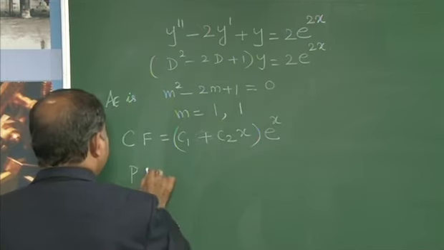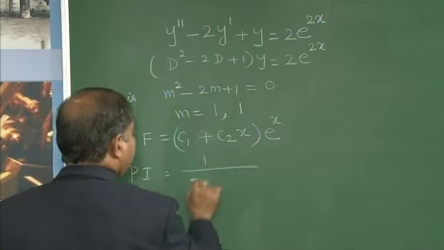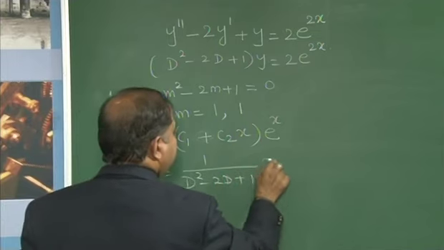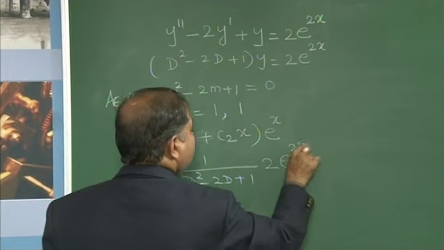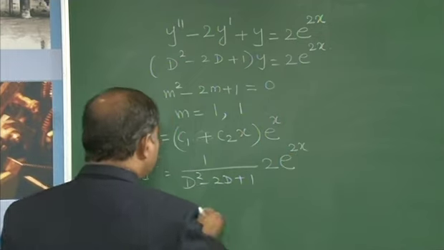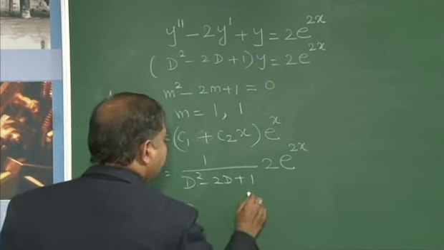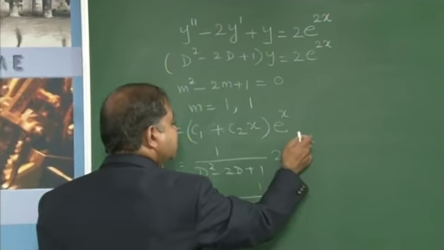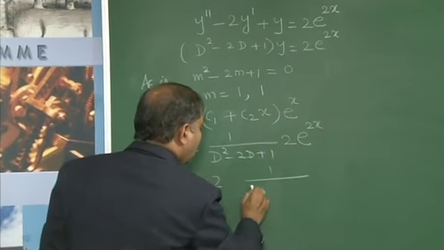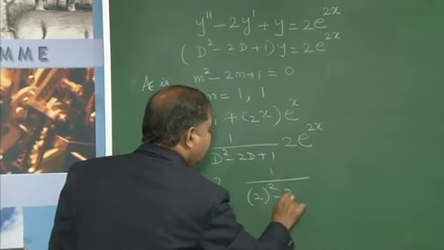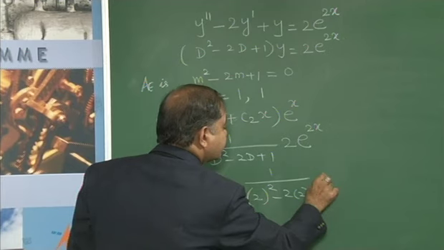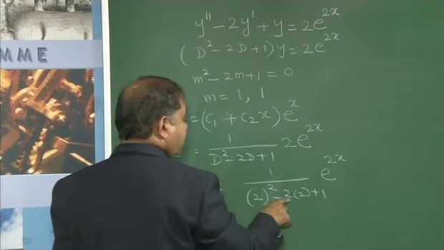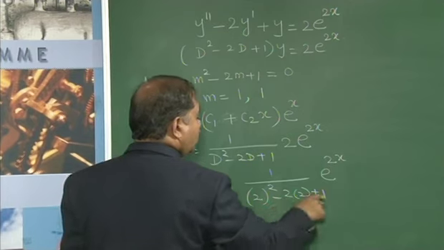Particular integral: 1/(D² − 2D + 1). 2 is a constant, simply keep that aside. In place of D, replace a, which is 2. So 2² − 2·2 + 1. 4 minus 4 gets cancelled, only 1.